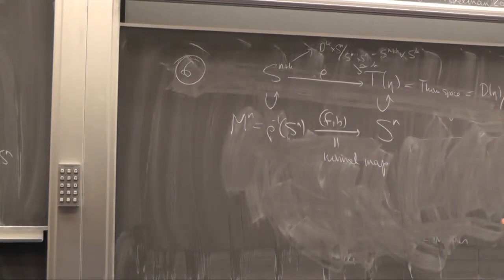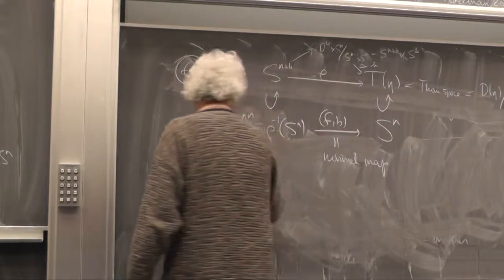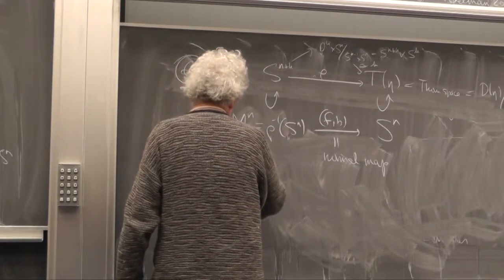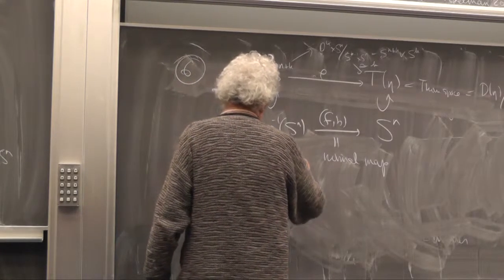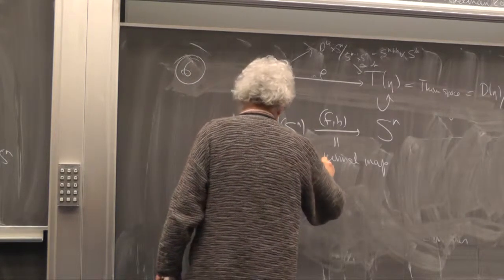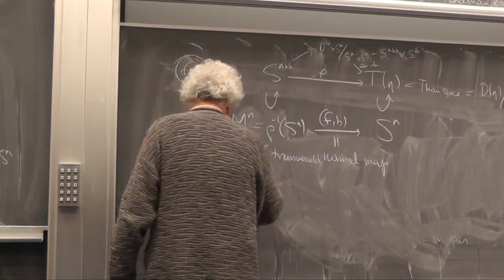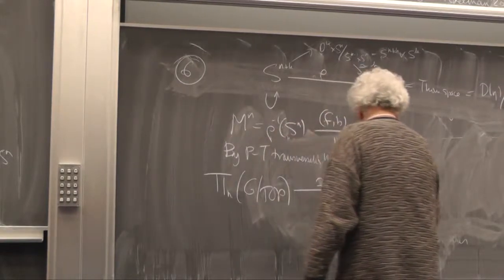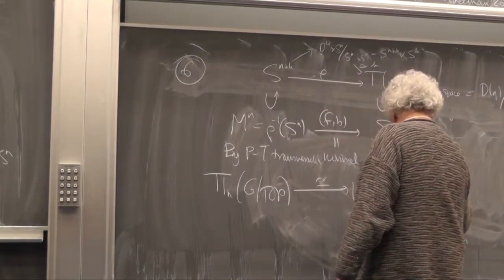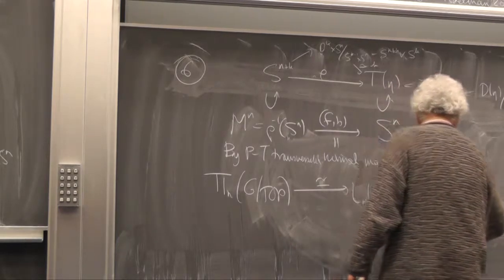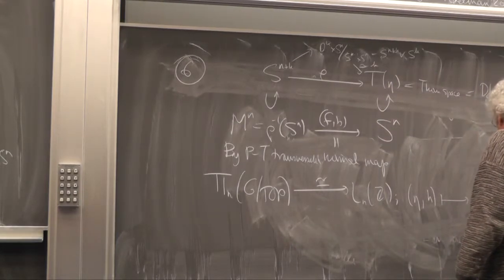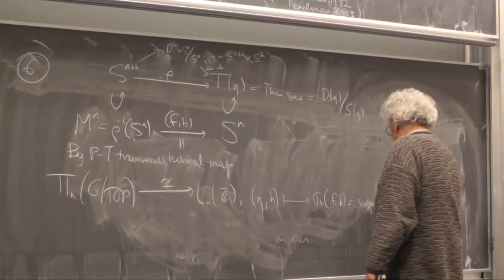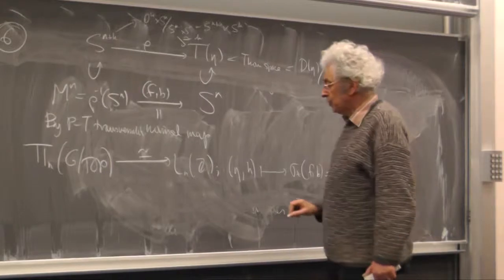Okay, so this is a normal map, and the isomorphism, so this is by Pontryagin-Thom transversality, and the map, you take eta h and you take it to the surgery obstruction. That's the isomorphism.